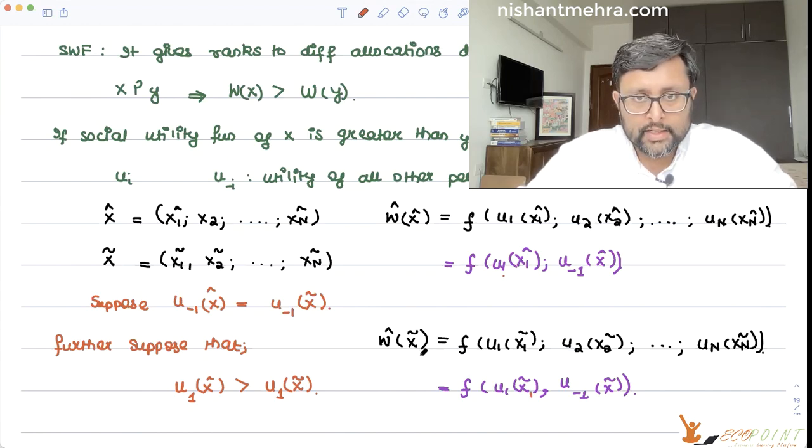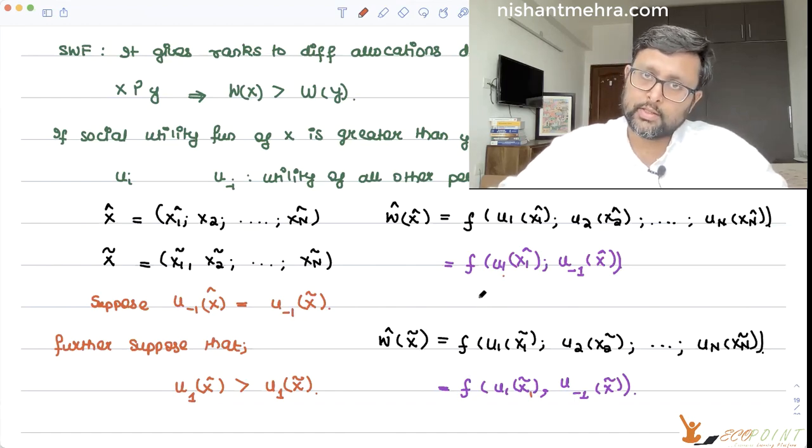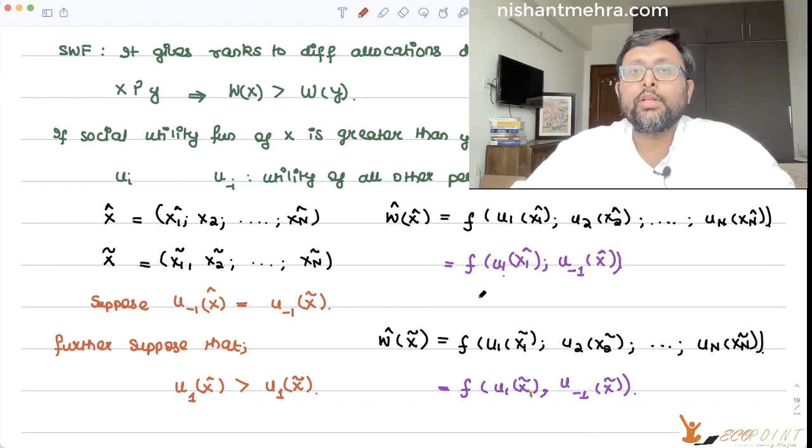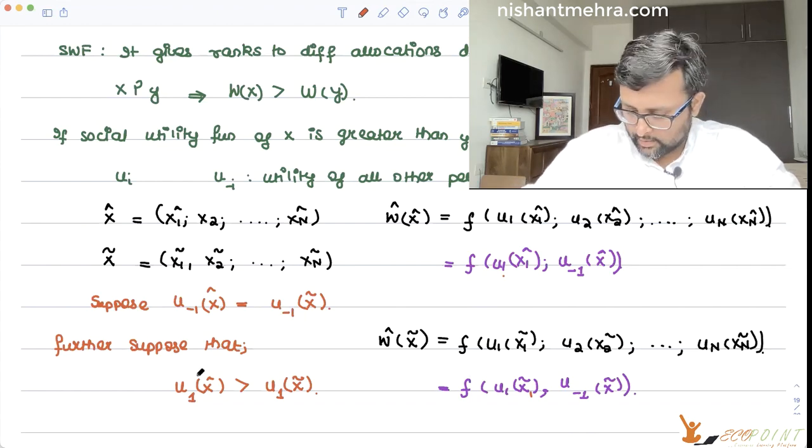Because for all other individuals the utilities are the same, and for individual 1 the utility from consuming X hat is more than the utility from consuming X curl, the social welfare from consuming X hat would be more than the social welfare from consuming X curl, right?